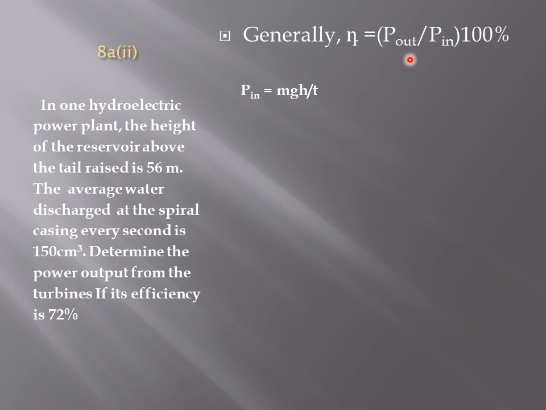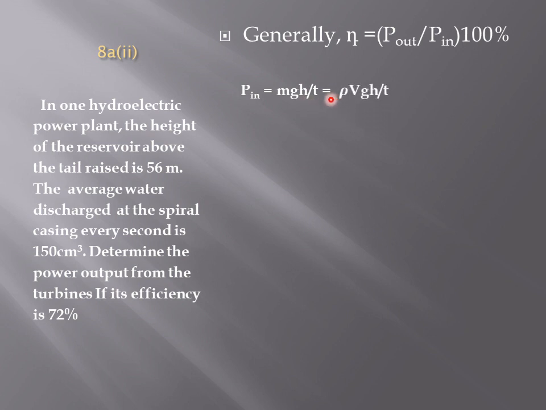Why? Because we are asked to calculate power output. So we have been given the efficiency, so we need to work out the power input from the question. We have all that is needed. All the parameters have been given for us to be able to work out the power input. We have mgh on time is going to give us the power input.